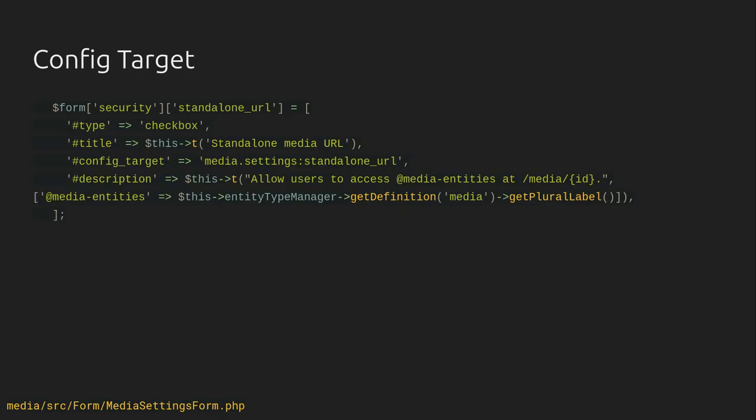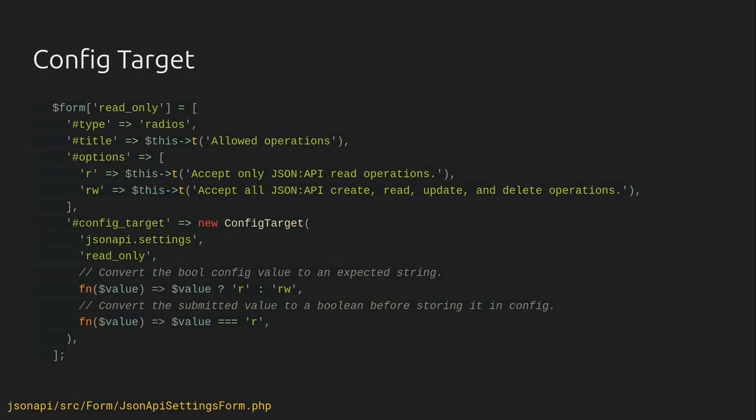Now you say sometimes it doesn't need to be exactly the same thing, and we have actually thought about this because you could also add a config target object to this config target property in your form API. And there you can do callbacks to convert to a Boolean or convert to something else depending on what your form looks like. Here you can just do weird things to make it work for your use case.